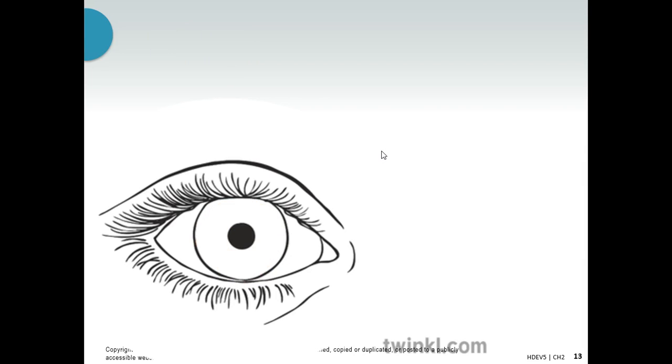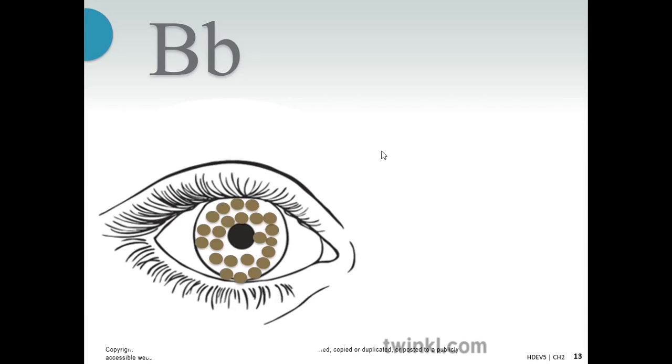Now, if you have heterozygous alleles, what ends up happening is that one of your alleles, let's say the one you got from mom, that capital letter B, is telling your eyes to make a lot of pigment. And then the one you got from dad is telling your eye to make just a little bit of pigment. And there it is. You can maybe see a few of those smaller brown pigments sort of popping up.